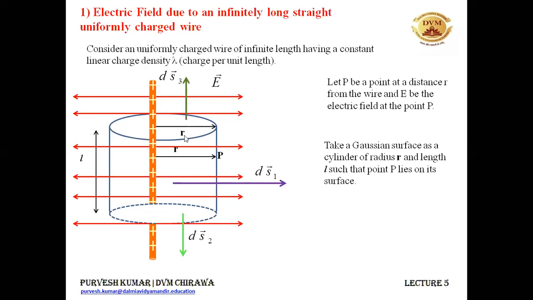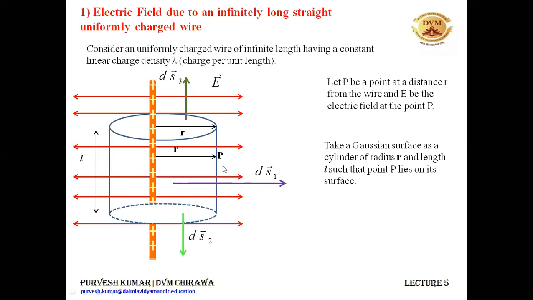So all these surfaces have area vectors which are perpendicular to these surfaces, and the directions of those area vectors I have specified: one with the purple line, that is ds1, the curved surface area vector. The area vector of the bottom surface is ds2, marked by the green line, and ds3, that is the top surface, marked with the dark green line.